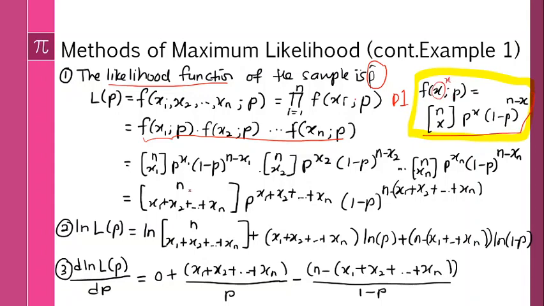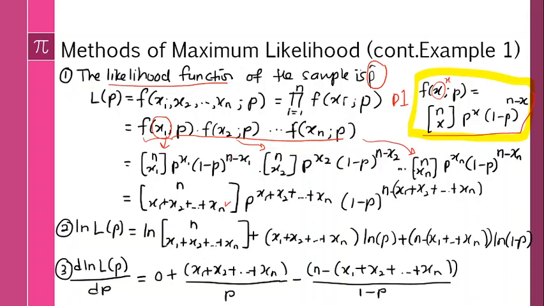Now we have a sample of xi, where i equals 1 until n. So this is for xi; you replace x with xi, and next for x2 until xn. I can simplify by simply summing up x1 until xn.